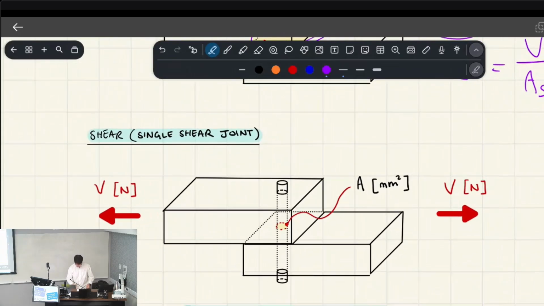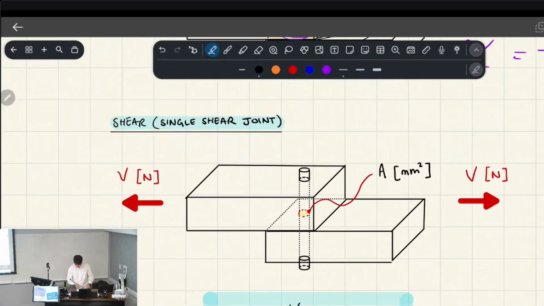So something that comes up decently often in the workshop questions in this course is, imagine, what's pretty common to connect two bits of wood, for example, or two bits of steel, is some kind of dowel. That's a pretty general term, but it's basically a connection. So to attach any two bits of material like steel or timber, you need some form of connection. That might be in the form of a screw, a nail, a bolt.